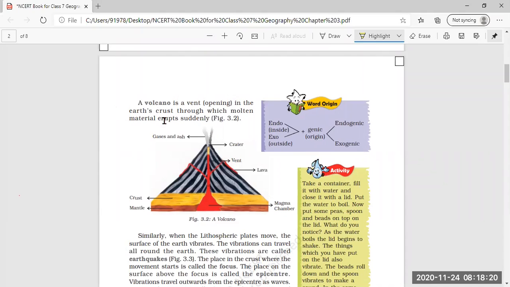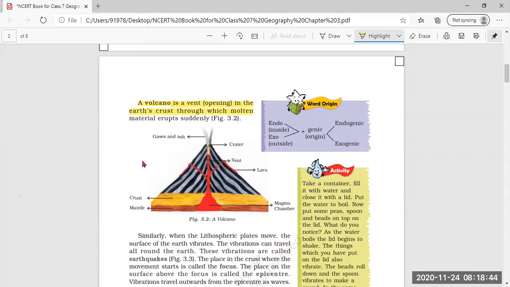Now, next, a volcano is a vent. What is a vent? A vent is an opening. That means a volcano is an opening in the earth's crust through which molten material erupts suddenly. Volcano is an opening in the earth's crust deep inside the earth.